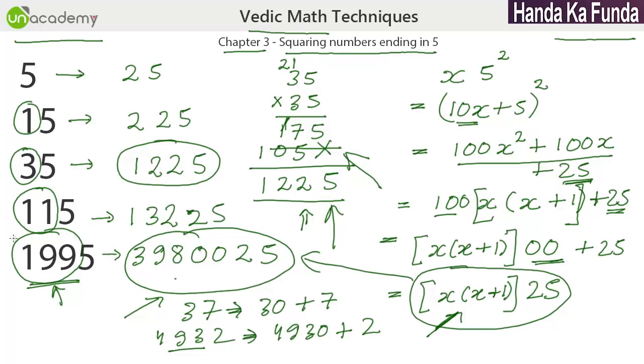So if x was 11, x into (x plus 1) will be 11 into 12, or 132, followed by 25. If my x was 3, x into (x plus 1) would have been 12 followed by 25. And that is the logic why this technique works.